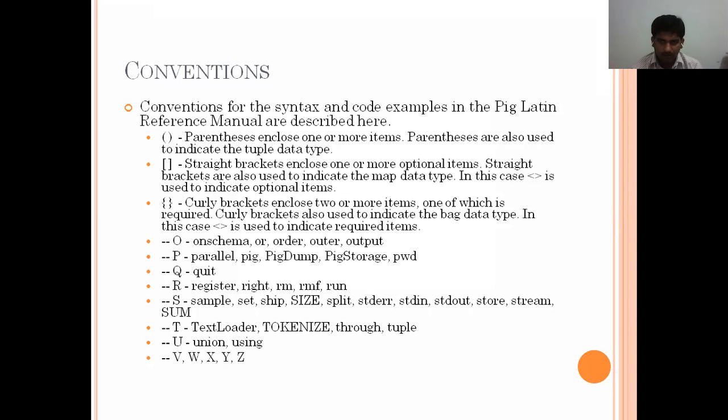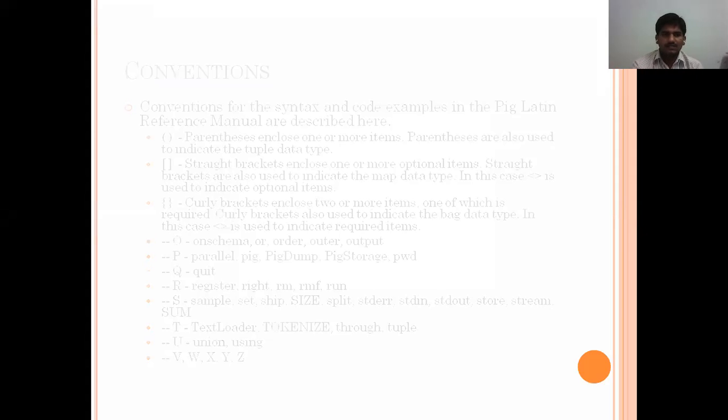Then we have O, P, Q, R, S, T, U, V. On schema, R is for order, output, or outer. For P we have parallel, pig dump, pig storage, and password. The various names are starting like this, so you can easily remember them. These are the naming conventions.